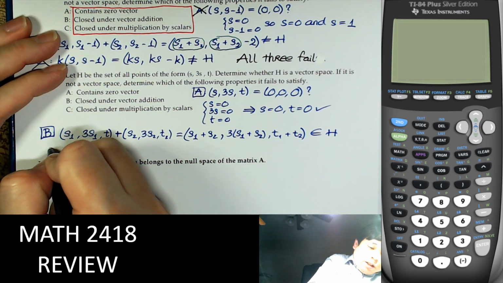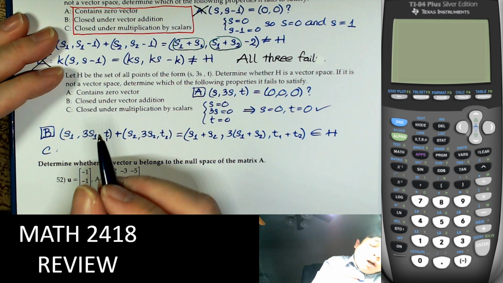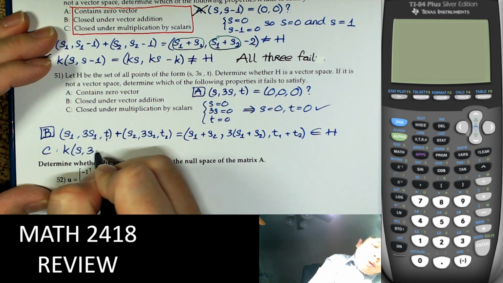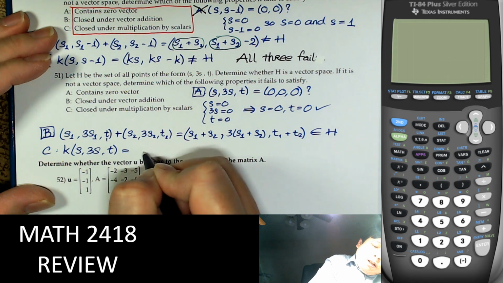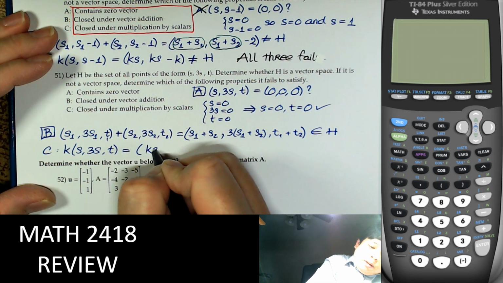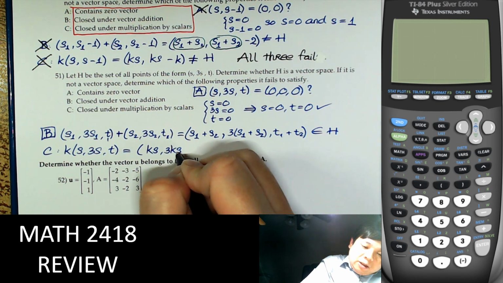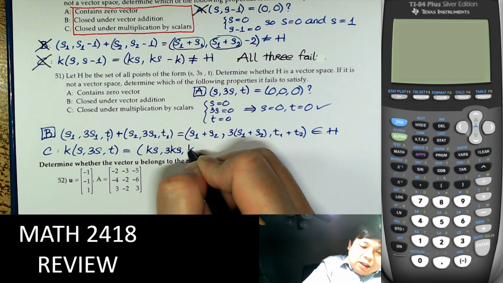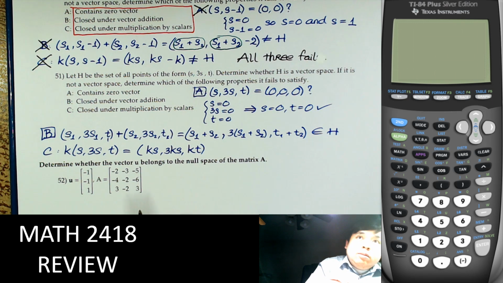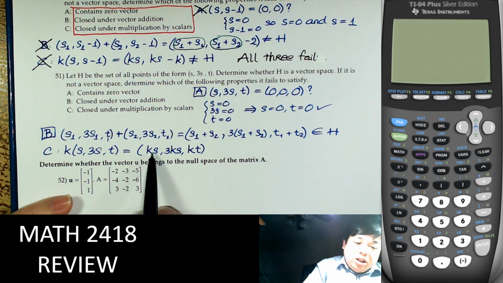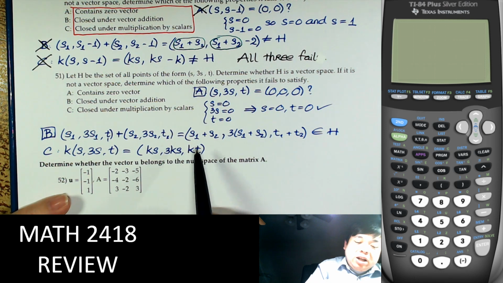Last one, we verify if this one is closed under multiplication. So take K times S, 3S, and T. So we have KS, 3KS, and KT. Now, the middle component is 3 times the first one, and the last one is something else. So that's good.